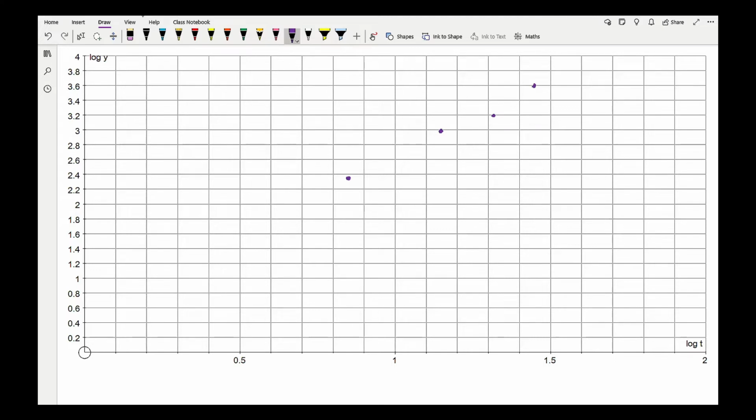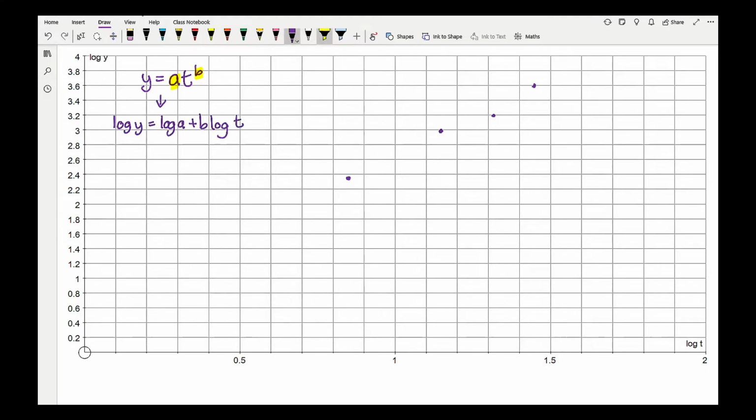In terms of using the graph, here we've got y equals a t to the b, and what I'm trying to find are the values of b and a, because my y and t values are the things that I'm plotting. From this, we converted this into log form, so we had log y equals log a plus b log t.